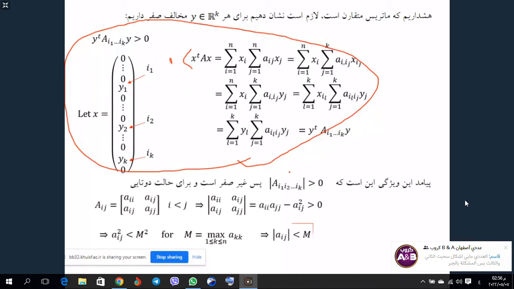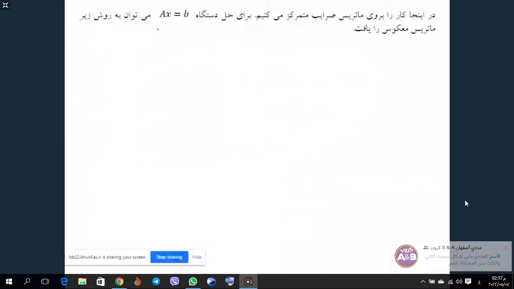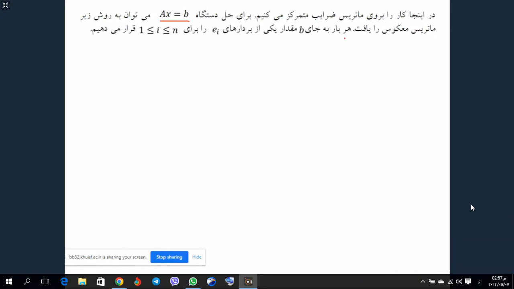We return to solving the system Ax equal b. We can use the inverse matrix. So for using a system Ax equal b, we replace the right hand side, I mean vector b, by ei for i from 1 to n.